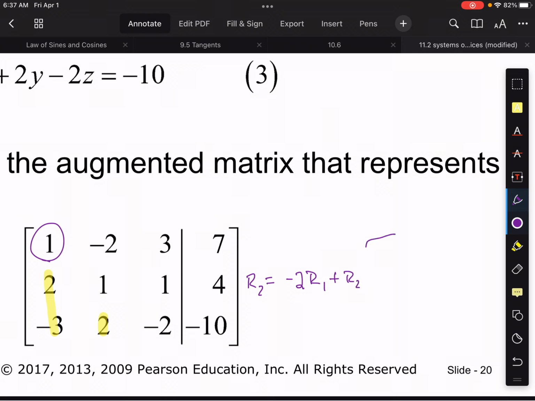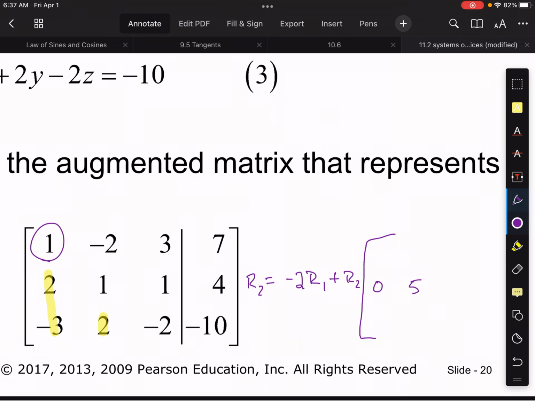Okay, I'm only going to focus here on the middle row. Negative 2 times row 1, well, that's negative 2 times 1 in this case, so that's negative 2, plus row 2, which is 2. That gives you a 0. And then in the middle here, we have negative 2 times negative 2, which is 4, plus row 2's 1, so that would be 5.